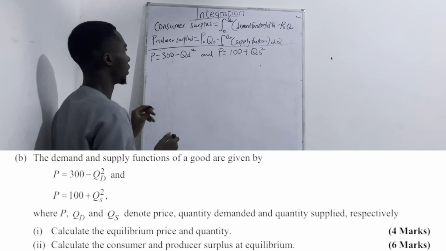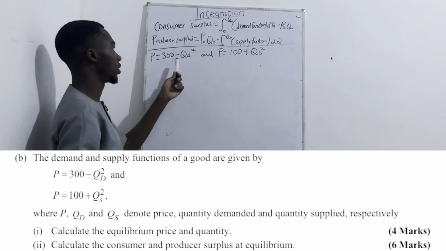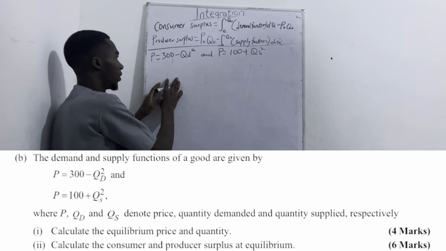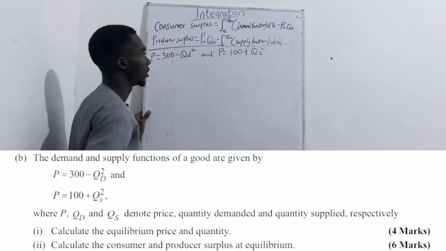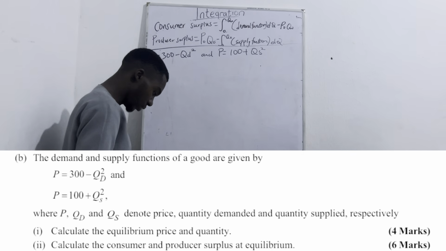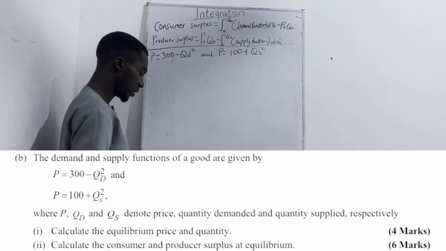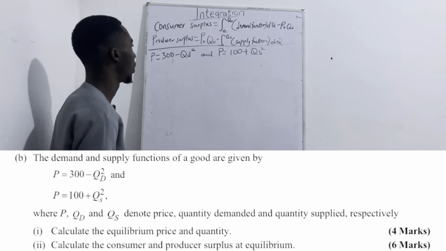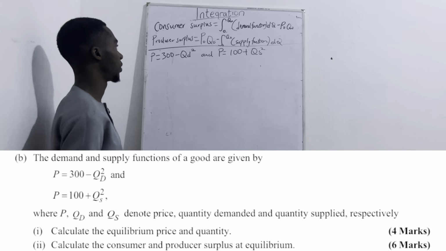You get it. So this is the demand and supply function. So QD is quantity demanded. So straight away, you know this is the demand function, and this is the supply function, right? So yes. It also goes on to say in I that we should calculate the equilibrium price and quantity.